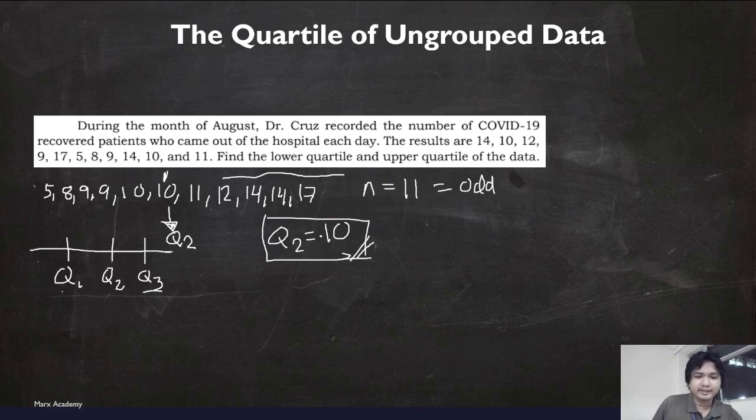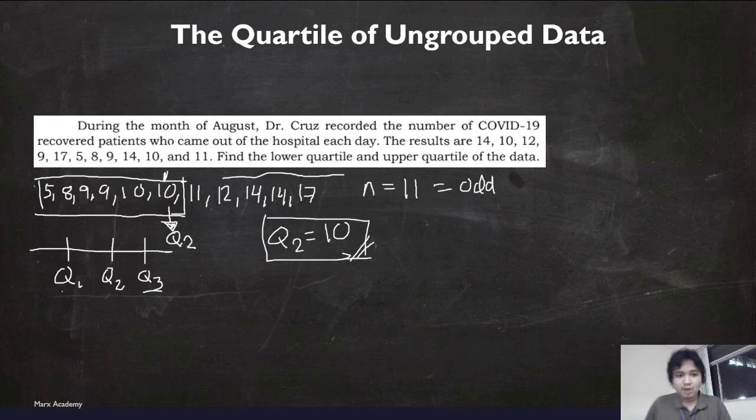Next, in spotting the quarter 1, we're going to focus on these numbers: 5, 8, 9, 9, 10, 10. So 1, 2, 3, 4, 5, 6. We have 6 positions.